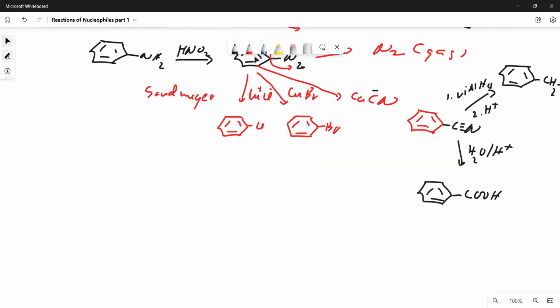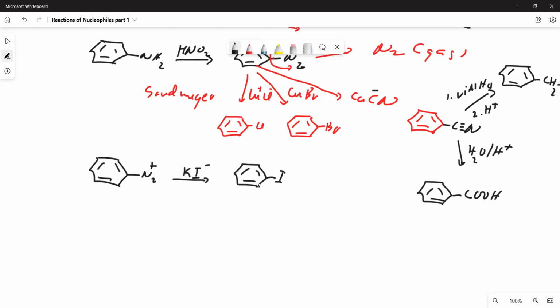So what other important reactions of the diazonium salt, aside from the Sandmeyer reactions? Well, the iodine, remember, cannot be attached to the benzene by electrophilic aromatic substitution because it's less reactive than chlorine and bromine. But here, if you have a diazonium salt, you can add potassium iodide. So the iodide can easily replace the nitrogen gas, producing iodobenzene.